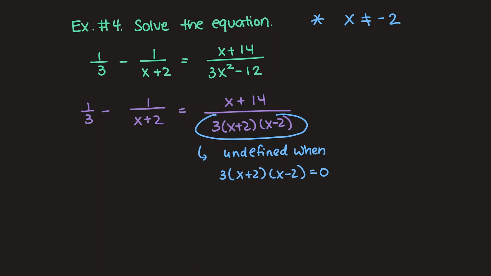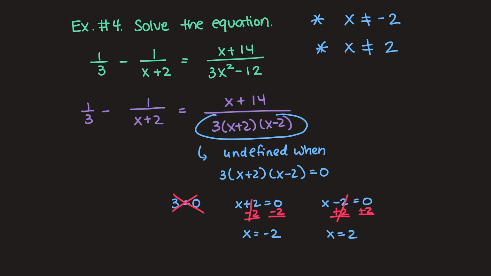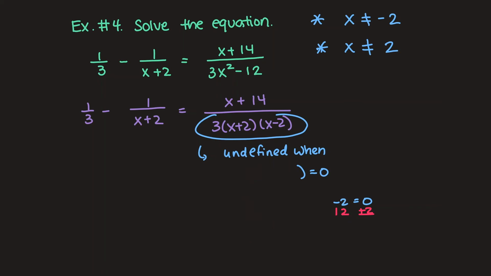And we can use the zero factor property to solve this and set each factor equal to 0. The first equation is not true and doesn't have a variable, so we can just eliminate this. And then we get x equals -2 for this equation, which we already have as an undefined value. And we get x equals 2 for the other equation. So our solution for x also cannot equal 2.